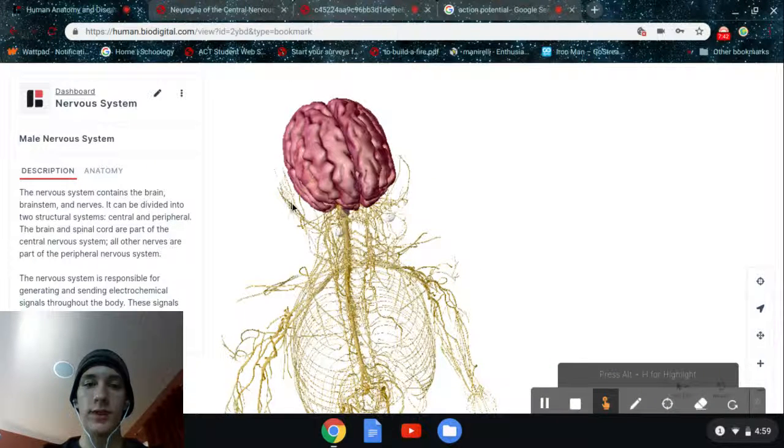It goes straight from here where it's detecting and up to here to the spinal cord and to the brain where you process it and think deeply about the stimulus you have just received, or not so deeply, like, ow. Oh.